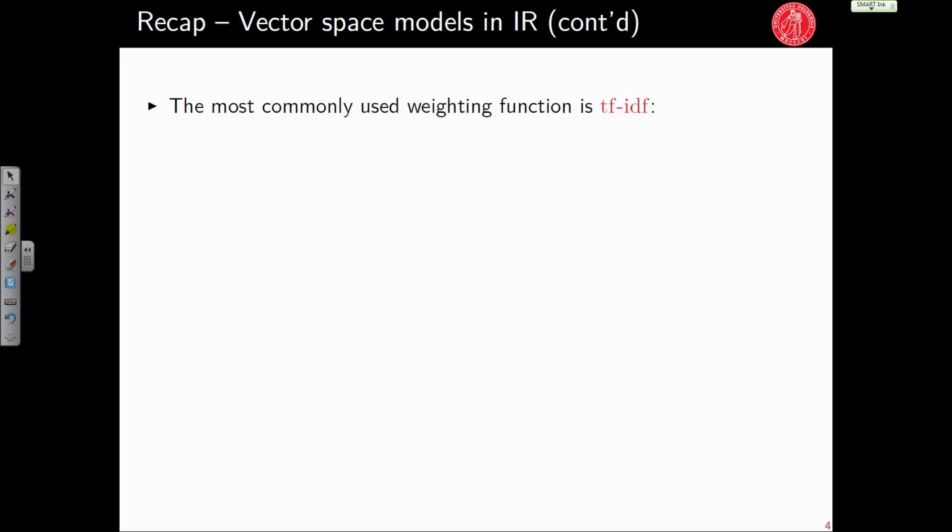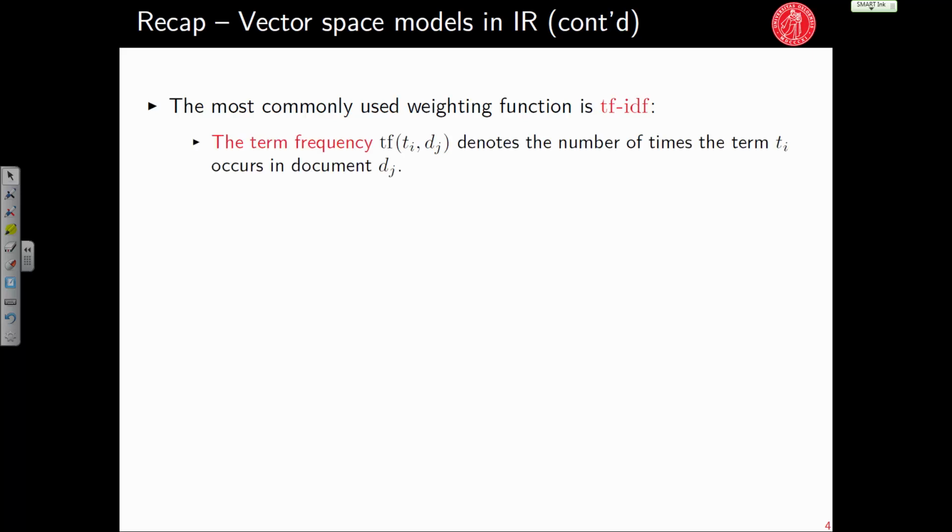It has two parts. First, term frequency, which is simply the number of times a term occurs within a document. This function TF takes a term TI in a document DJ and counts how many times the term occurs within this document. That's just a frequency count.